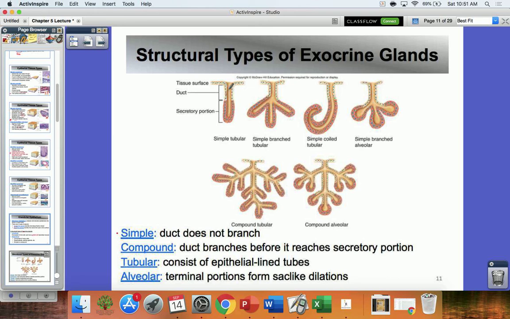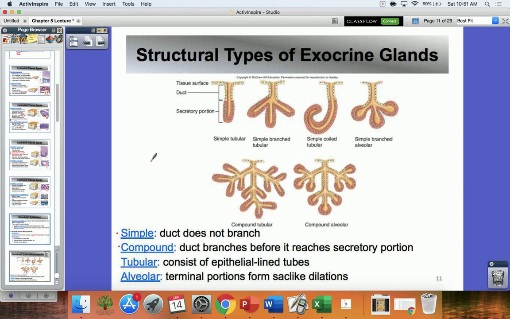So this part here is the actual duct, this top portion, and there's no branching from it. It's simple. So you should be able to recognize it just from the pictures. But simple, again, does not branch at the duct. But if you look at these two, the ducts are here and they're actually branched. And so that's how we know these are compound, because they're branching before it reaches that secretory portion.